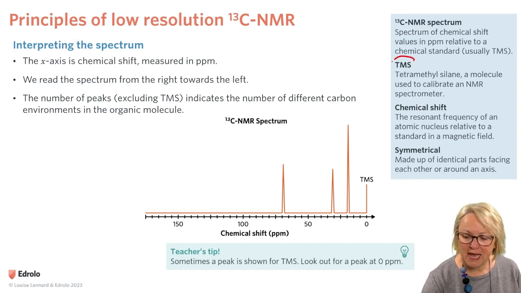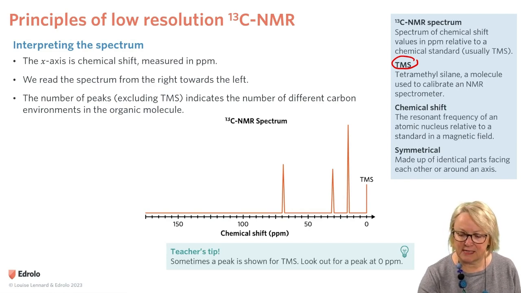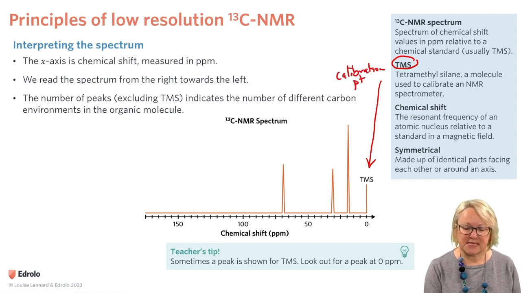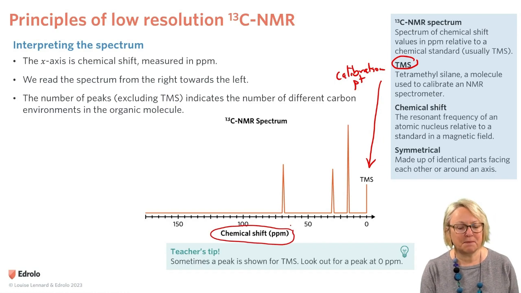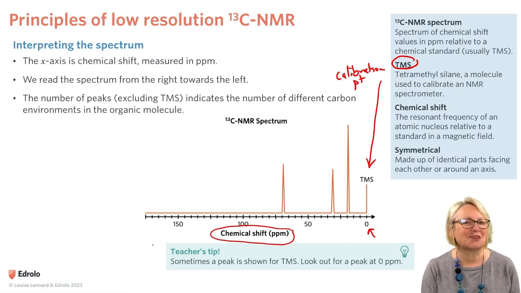So it's all calibrated against a molecule called TMS, which is tetramethylsilane. And that is our calibration point. So the x-axis is chemical shift, measured in ppm, but we read the spectrum from the right, so starting at 0, reading from right to left, which is a bit unusual.